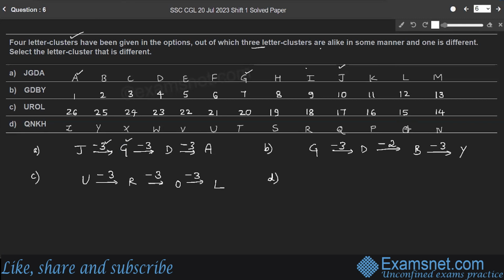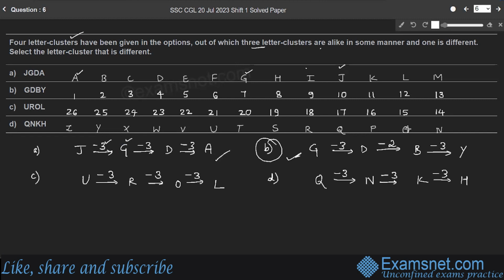Cluster D, QNKH. Q is 17, N is 14, so Q minus 3 is N. K is 11, so N minus 3 is K. And H is 8, so K minus 3 is H. Therefore, except cluster B, all the remaining clusters follow the same logic: to get the next letter, we have to subtract 3.